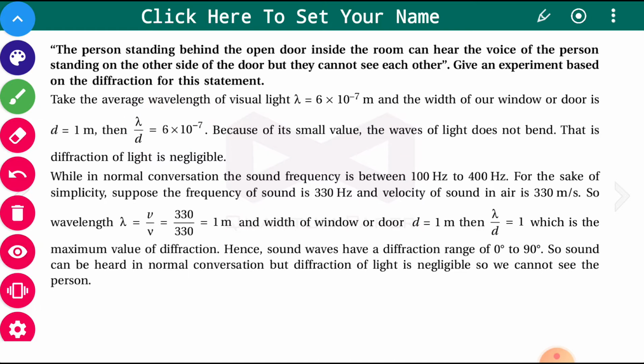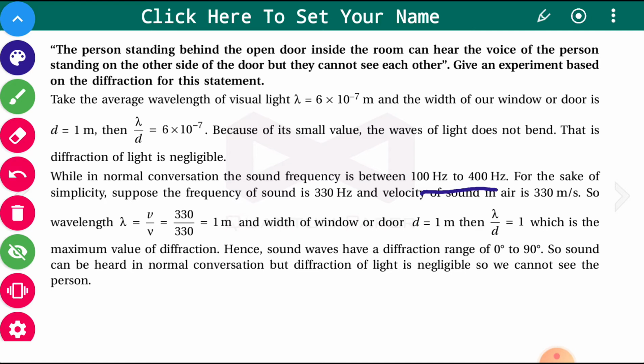Now if you talk about the person's voice and its frequency and wavelength, then the frequency of voice is about 100 Hz to 400 Hz.